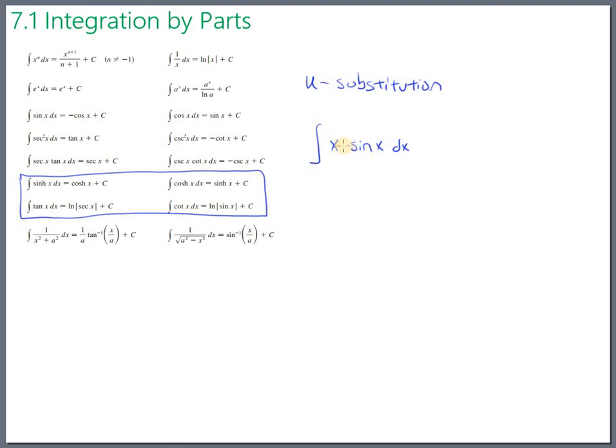But as you know from derivatives, having a product is a whole different ball of wax. And u substitution isn't going to help us here. So we need some sort of way to reverse engineer a product rule. We need an integration product rule. And that's actually what we're going to get in this section, this integration by parts.